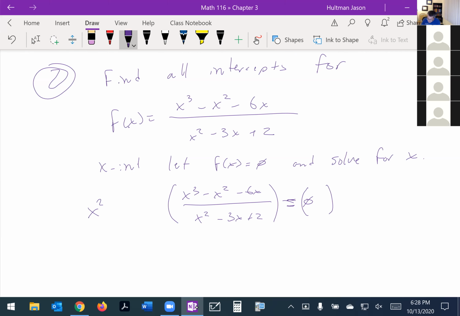It goes x squared minus 3x plus 2 times x squared minus 3x plus 2, and the denominator goes away, charred by this 0. The denominator can't be 0 anyway, so it isn't going to matter. To get this thing equal to 0, I really only need the numerator to be equal to 0.